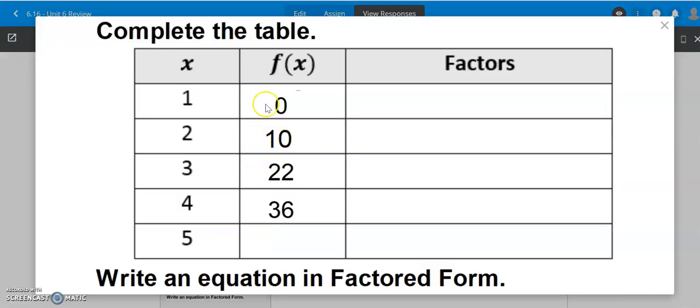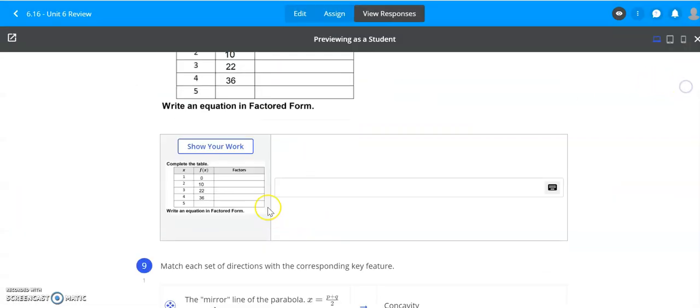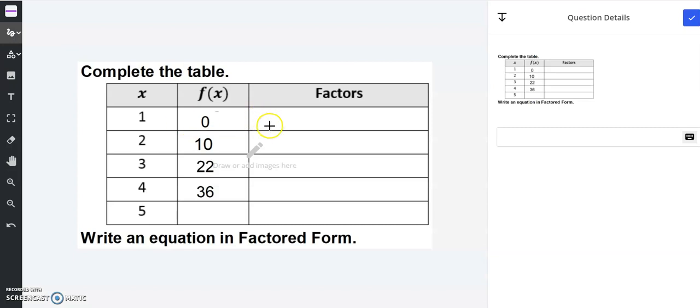Complete the table, write an equation in factored form. So this first one, we don't really know. It's 0 times something. So I'm going to do 0 times x. The next one, it could be 2 times 5 or 10 times 1. So 2 times 5, 10 times 1, 22.